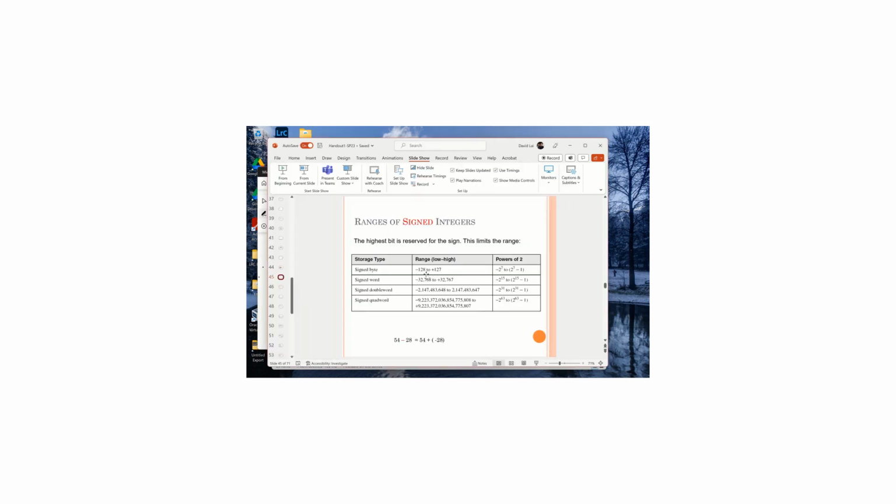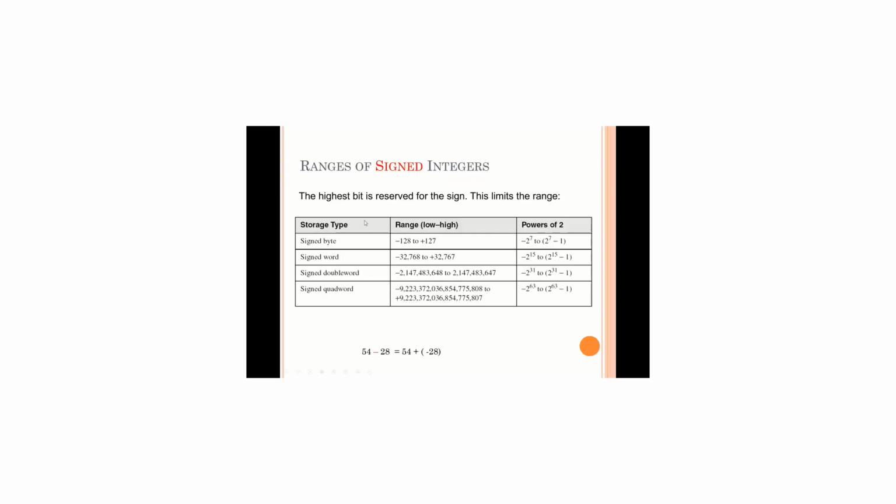So for 1 byte, a signed binary number can represent numbers between negative 128 to positive 127.